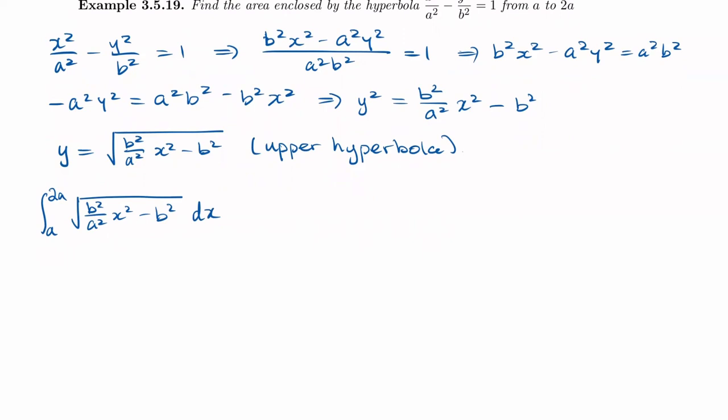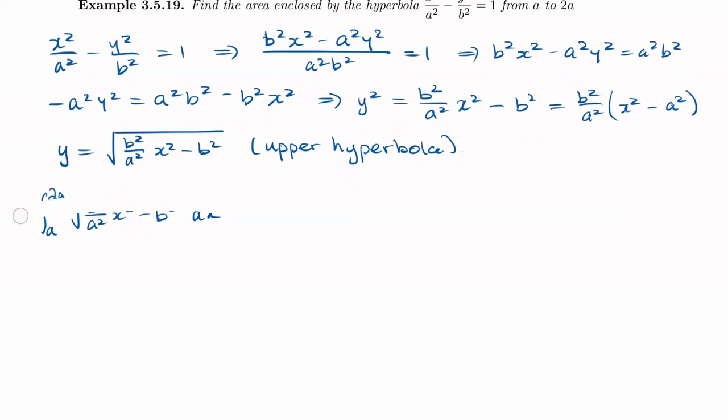So if I divide and factor out b squared divided by a squared, then I'm just going to be left with x squared minus a squared here.